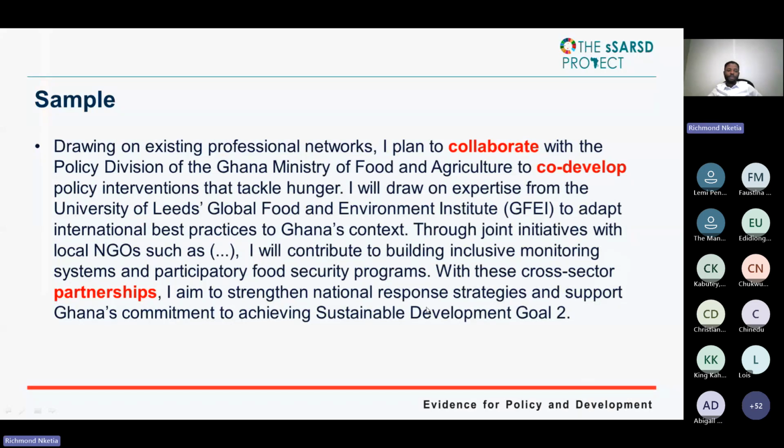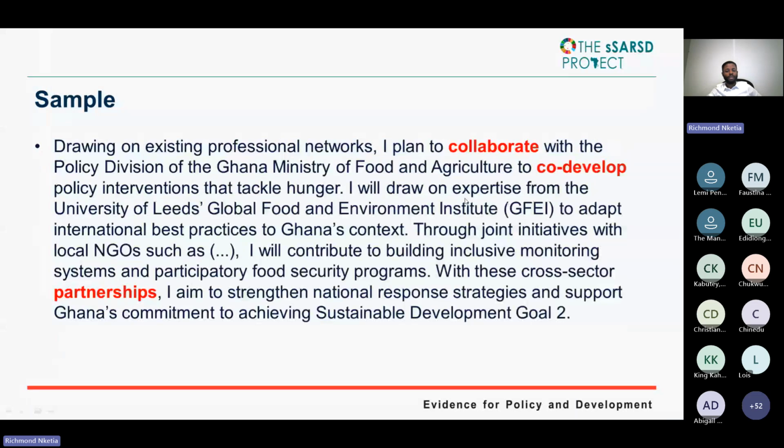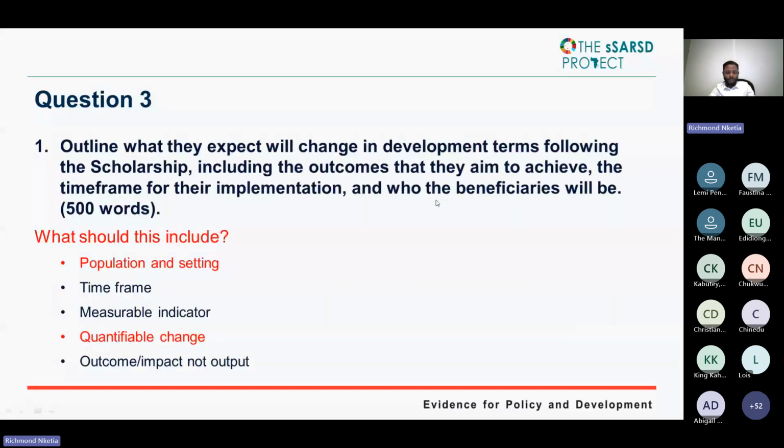The third question is asking you what you would expect to change in development terms following the scholarship. So remember, you said up here that you intend to collaborate with people and you are looking forward to implementing some policies and programs and initiatives in addressing hunger issue in Ghana, and it's a project. So we expect that after some time, certain things would have changed.